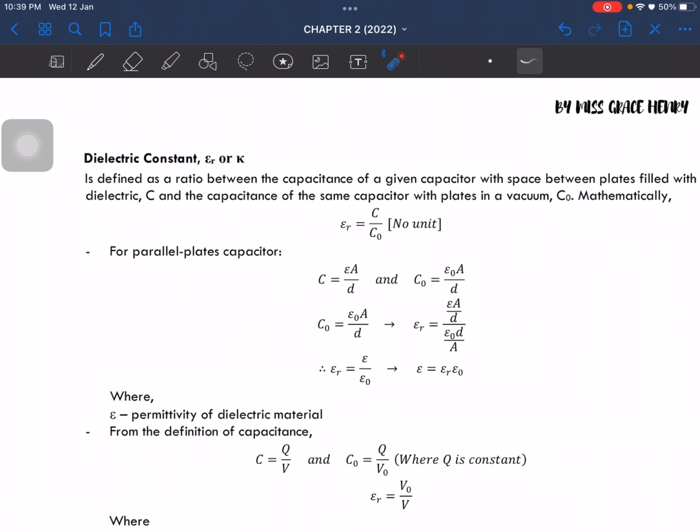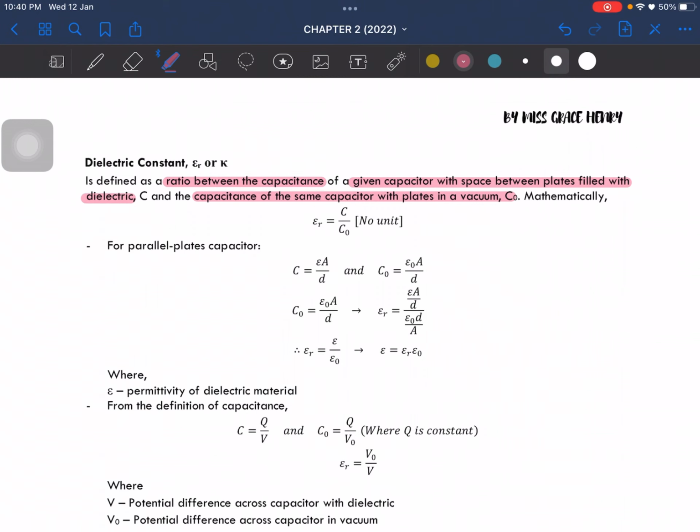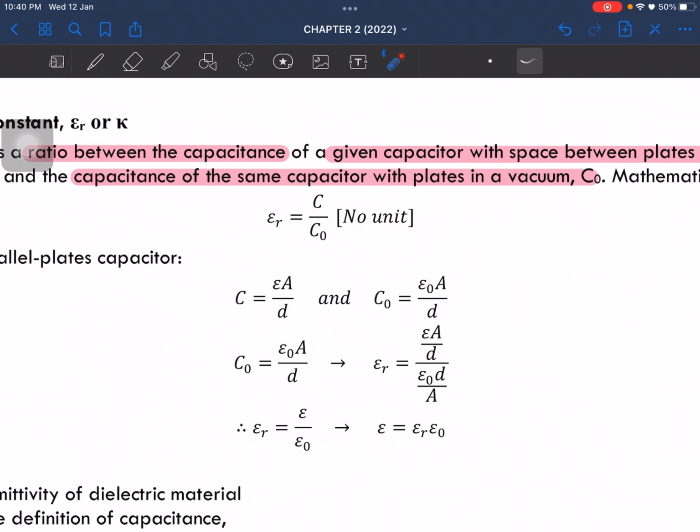Now we are focusing on the dielectric constant. The symbol is epsilon r. It is defined as the ratio between the capacitance of a given capacitor with the space between the plates filled with dielectric and the capacitance of the same capacitor with the plates in a vacuum.